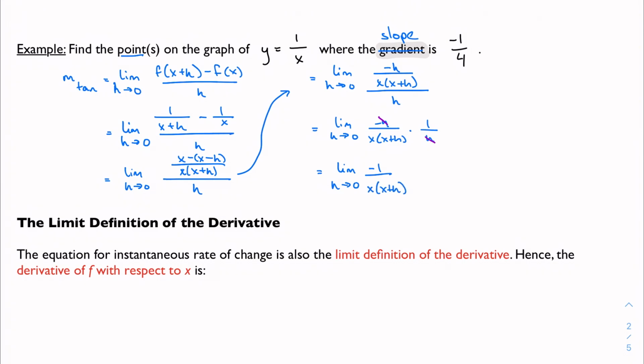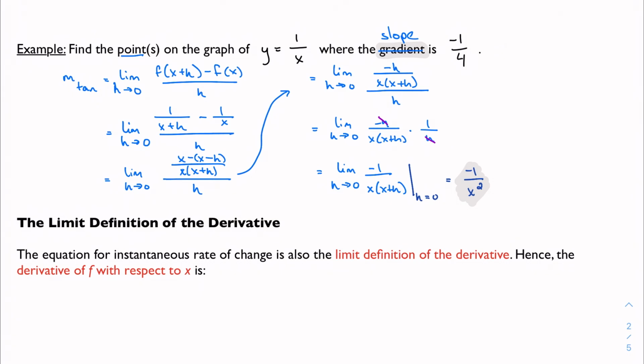And this is about as simplified as I can make it. So it's time to evaluate. When I plug in 0, x plus h turns into just x. So I'm left with negative 1 over x squared. So again, the slope at any given point on this function can be expressed as negative 1 over x squared.